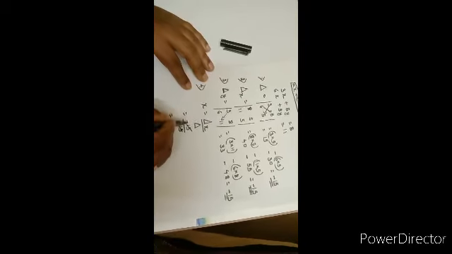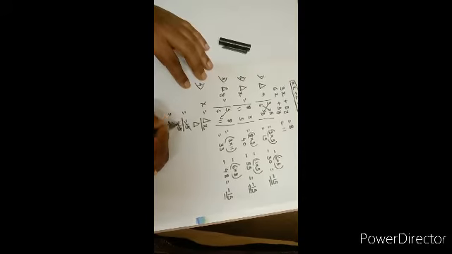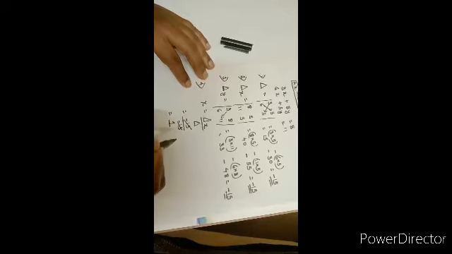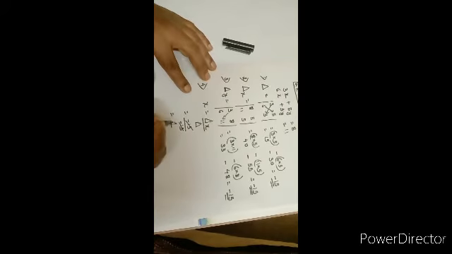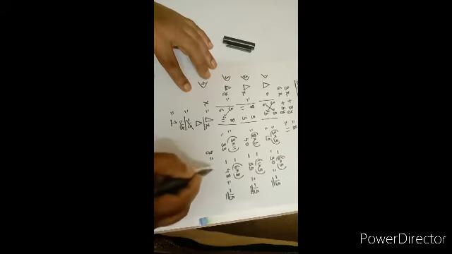Why plus 1? In both the cases minus is there, so the minus signs get cancelled. Therefore we are going to get plus 1. In the same manner we need to find the value of y.